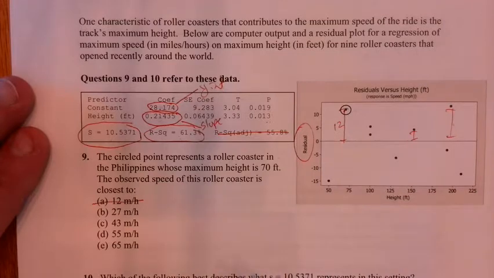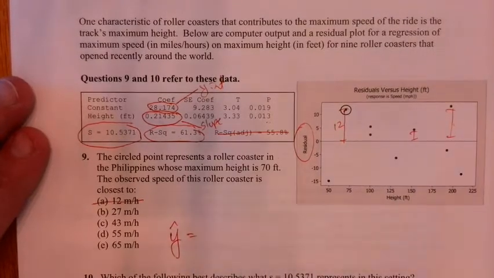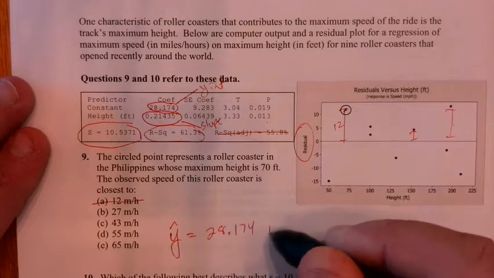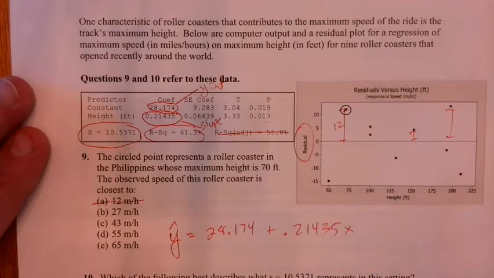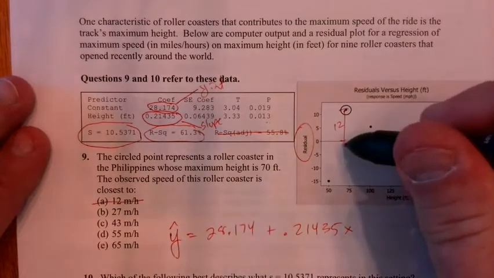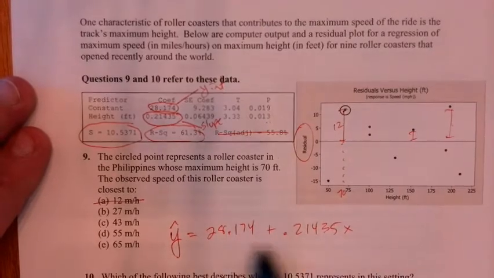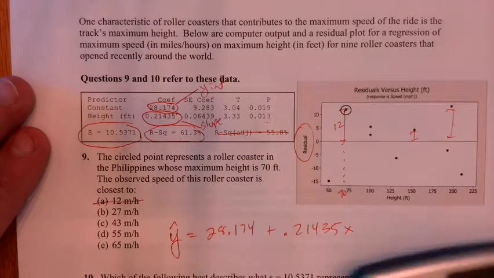So for its prediction, I've got to actually set up my regression line. Y hat equals 28.174 plus 0.21435 times x. And if I put 70 into that regression line that I just got from here, I'll get my speed.